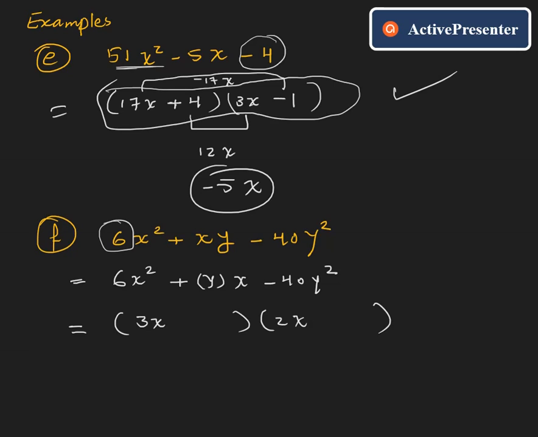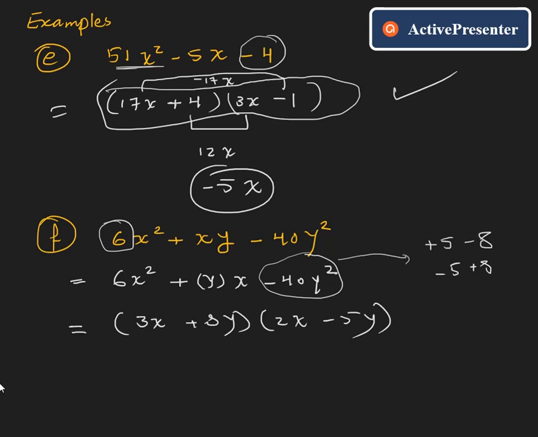However, I factored 6x squared because I felt it will lead me to the correct answer. Therefore, when factoring minus 40y squared, one of the factors is when you multiply 5 into 8. So if you check negative here and positive here, or positive 8 and negative 5, you will find that your answer is plus 8y here and minus 5y here.